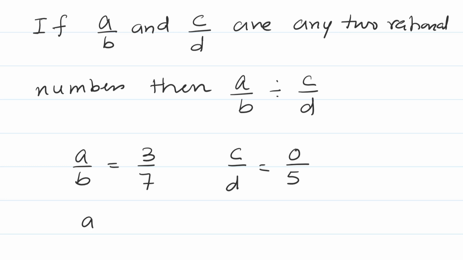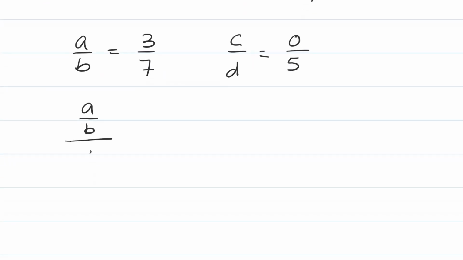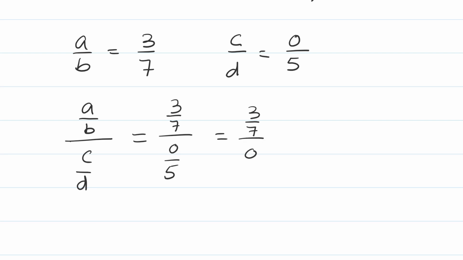Then what is A upon B divided by C upon D? 3 by 7 divided by 0 by 5, that is 3 by 7 divided by 0. So we cannot divide 3 by 7 by 0. This expression is meaningless. And therefore, rational numbers are not closed under division.